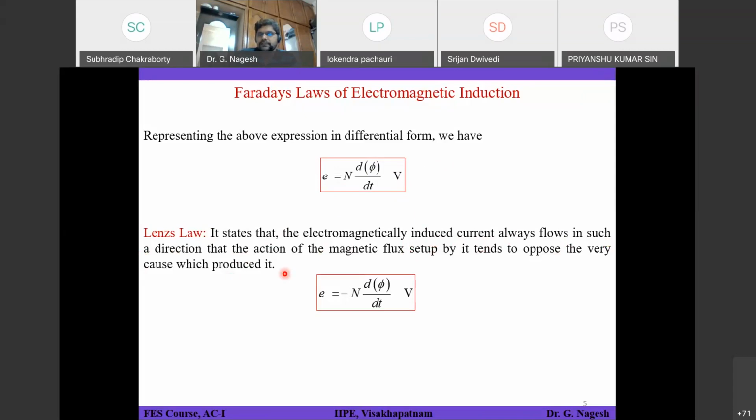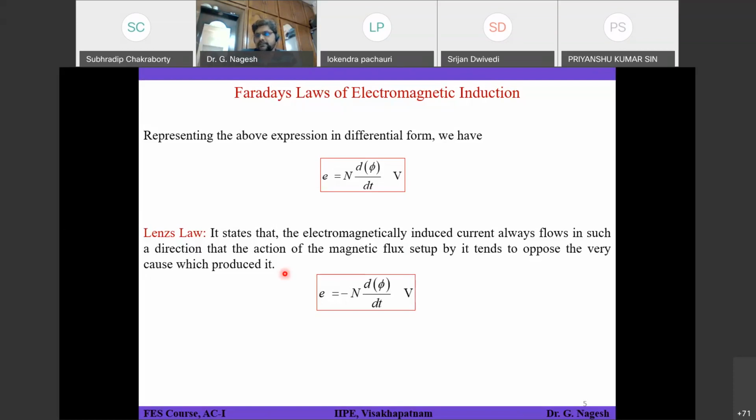Since EMF is induced and the circuit is closed, some current is flowing, and that current will produce some amount of flux, and this flux will try to oppose the main flux. That's what Lenz's law states: the flux generated by the electromagnetically induced EMF will try to oppose the main flux because of which it was produced.